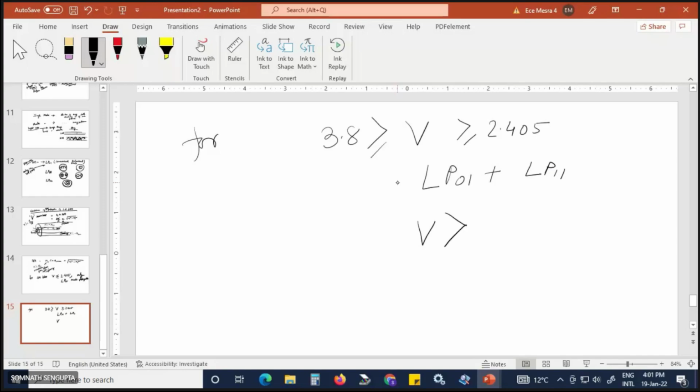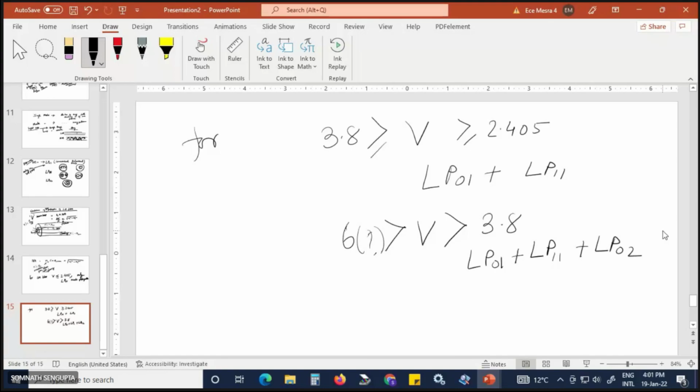For V number greater than 3.8, LP01 plus LP11 plus LP02. I think there is some upper limit, 6 or 7, I think, that I have to think of. Okay. So there are certain criteria.